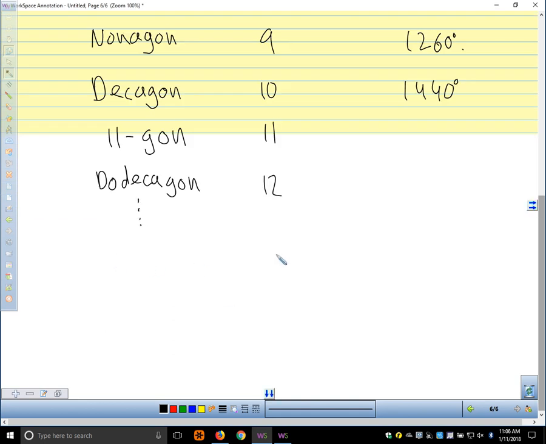Until we get to 20. The 20-sided shape is an icosagon. Not don-gon, icosagon. So that's 20. And if you play D&D, your 20-sided die, your D20, is an icosahedron.